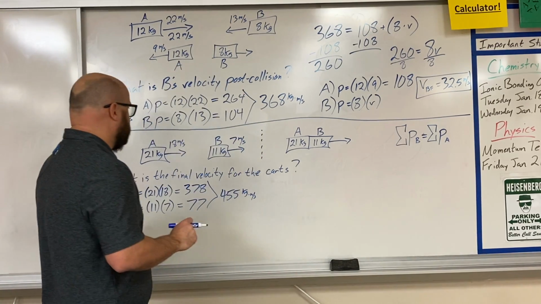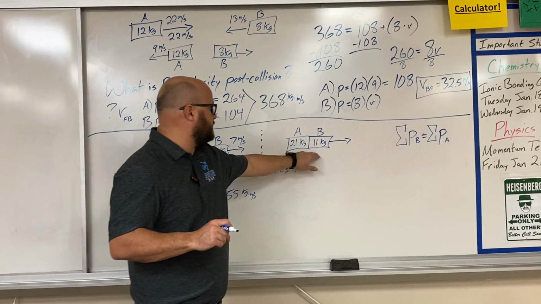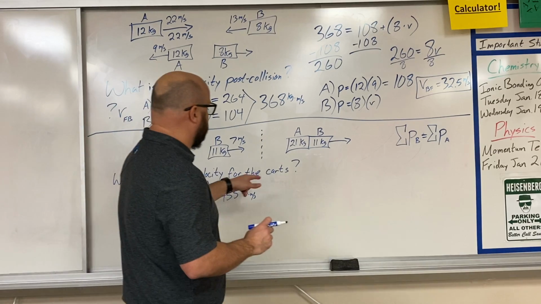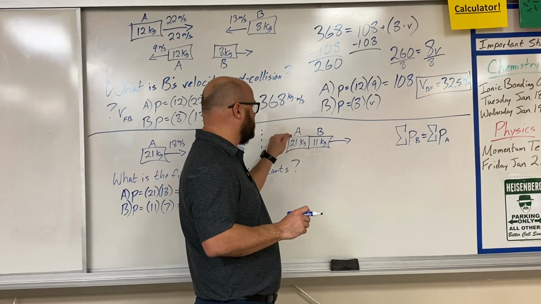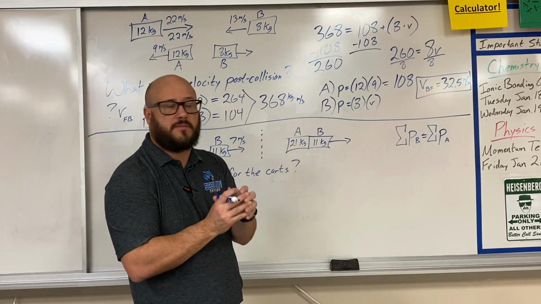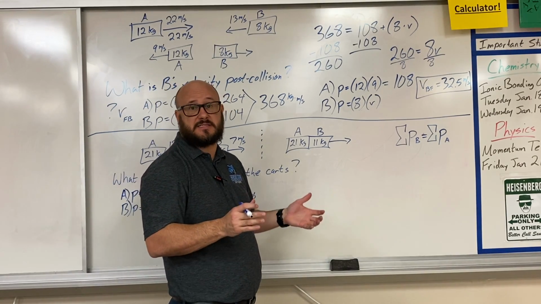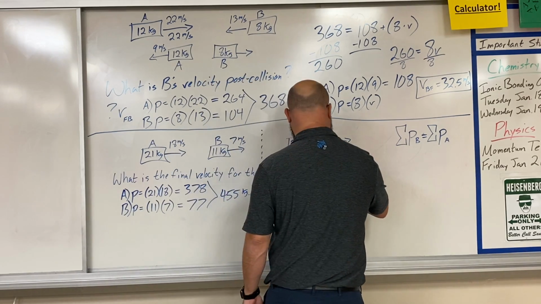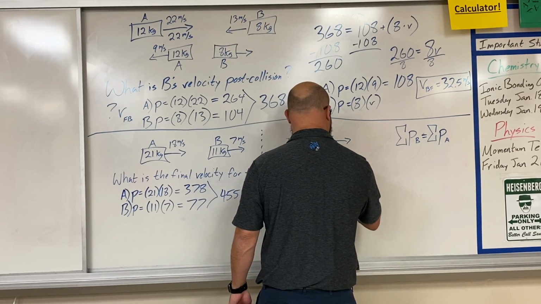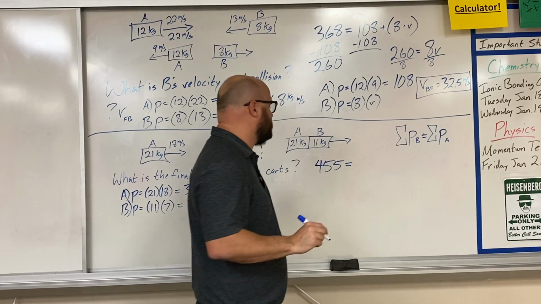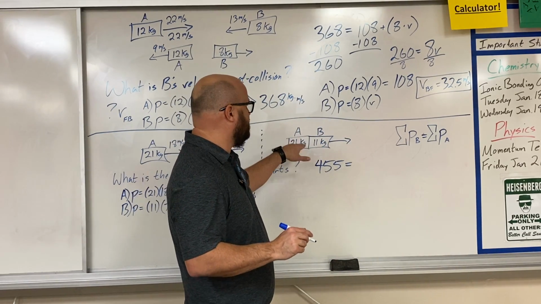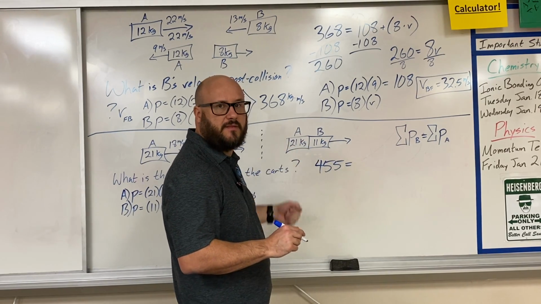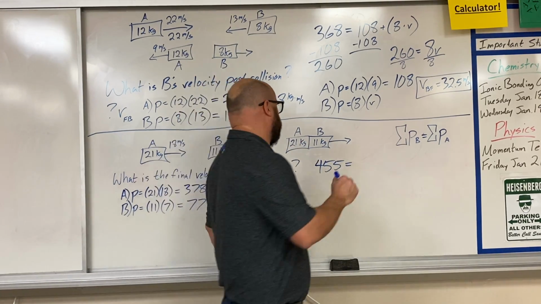Now, that has to equal the total momentum after collision. If we want to find out the velocity, we know that carts A and B are now stuck together. That's a perfectly inelastic collision. So 455 has to equal carts A and B mass and velocity. But in this situation, they're connected, so we're going to add their mass together.